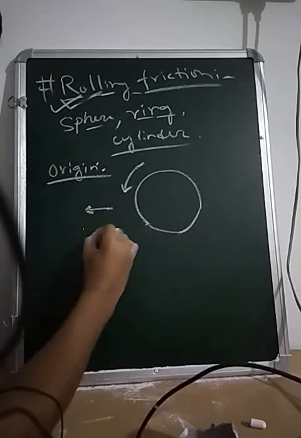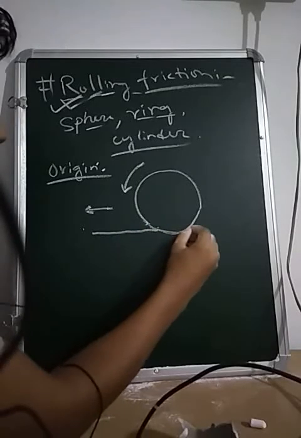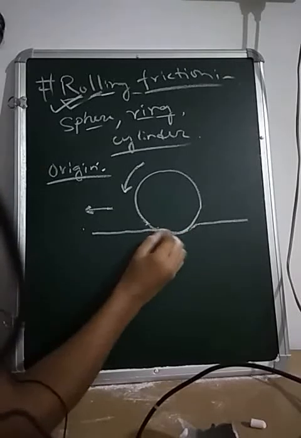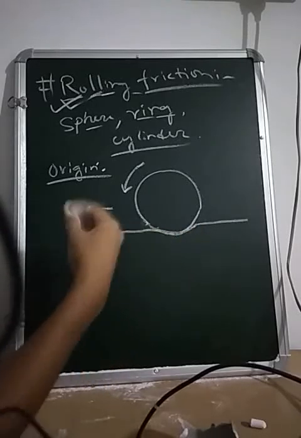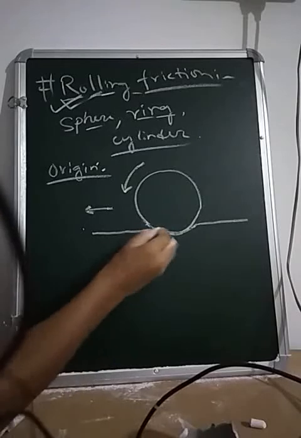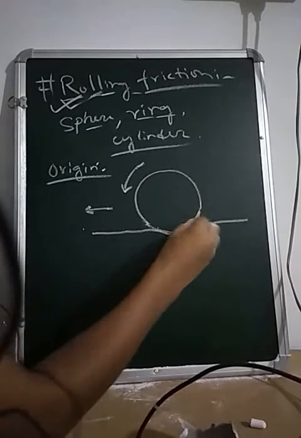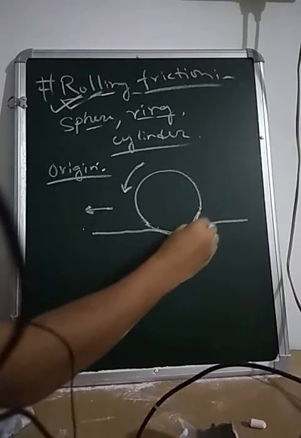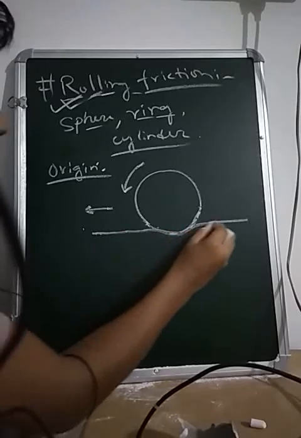It creates a depression or a hump. It is very small, you cannot notice it with your naked eyes. When a wheel rolls, it makes a depression or hump over the surface on which it rolls.